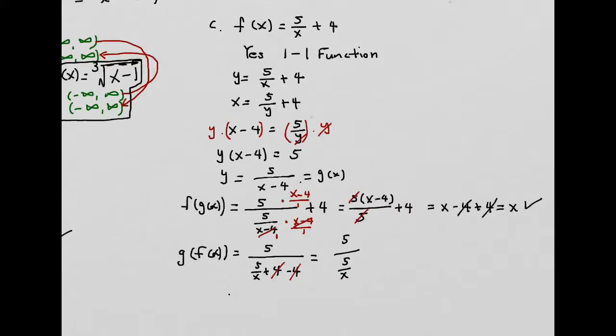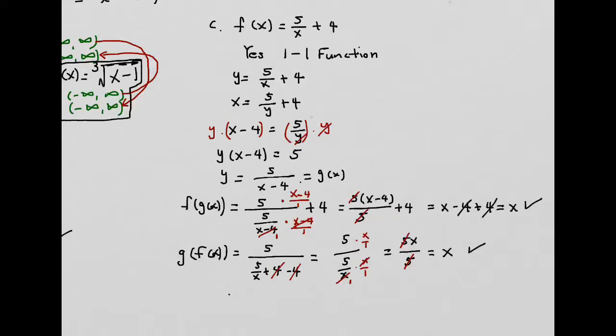Complex fraction, so you're going to multiply this by x over 1 to get rid of the complex fraction. Then no more denominator, and you end up getting 5x over 5, and 5 over 5 is 1, so that gives you x.